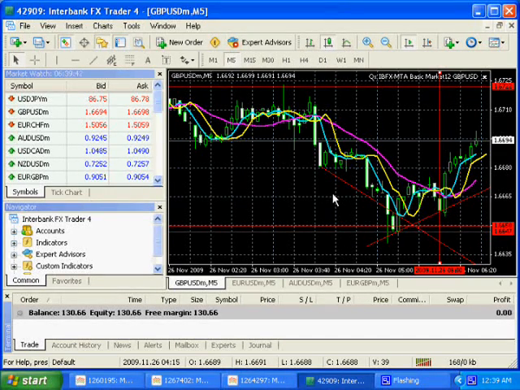This is pattern trading versus indicator trading versus some of these other Heiken Ashi things, which are essentially just a derivation of these moving averages.